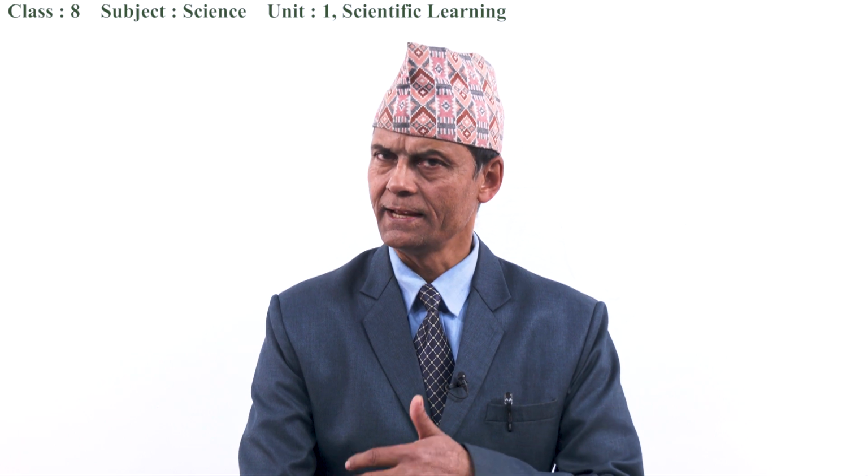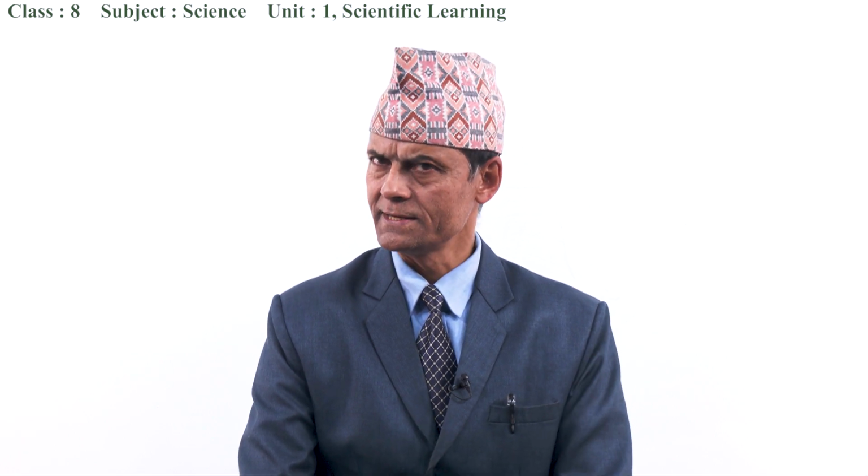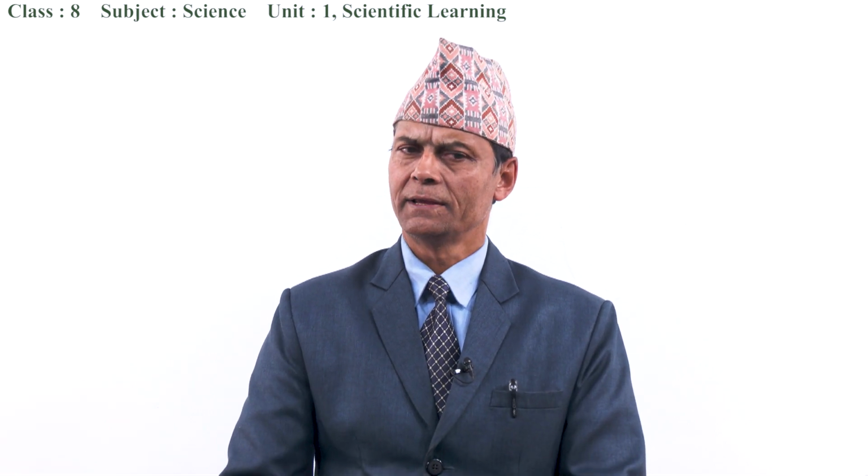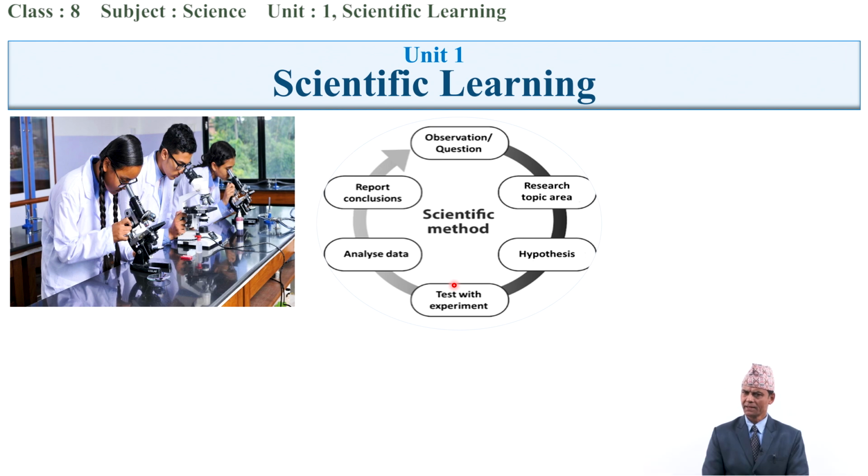Dear students, let's review the previous lesson thoroughly. In scientific learning, there are different processes involved. Here is one chart. Look here. Scientific method. What is involved in the scientific method? Yes, scientific study begins with the observation of a fact, an event.